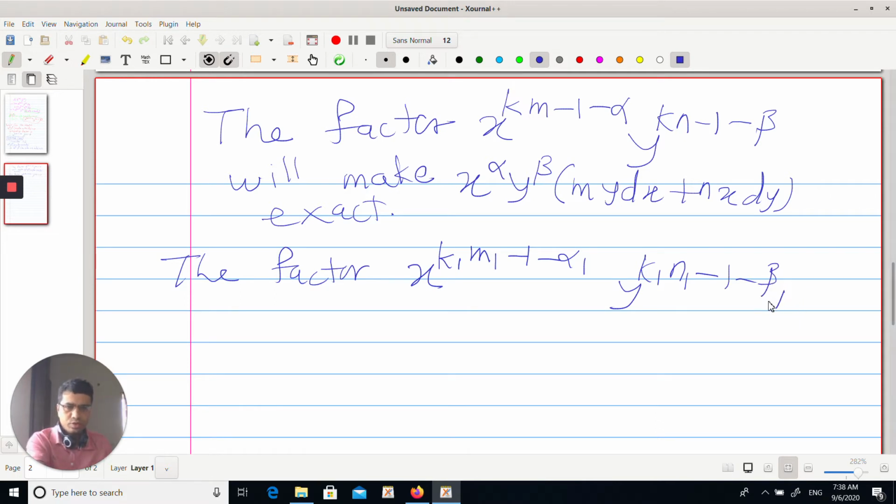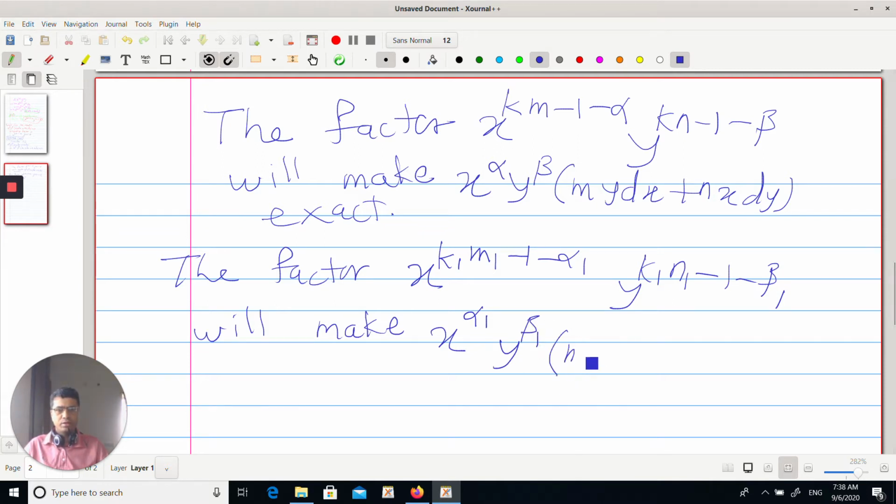So this will make x raised to alpha 1 y raised to beta 1 into m1 y dx plus n1 x dy exact.